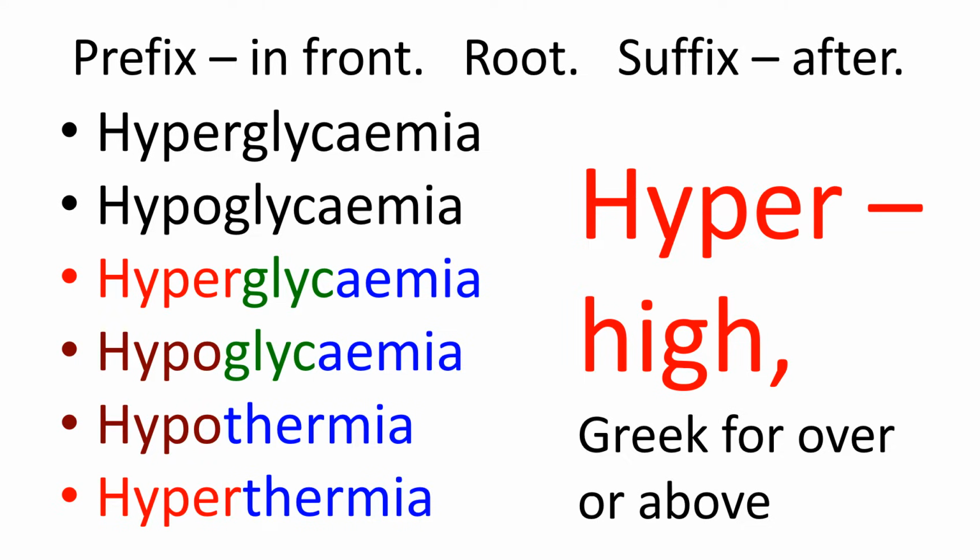So hyper, high, gly, glucose, emia, in the blood, hyperglycemia, prefix in red, root in green, suffix in blue. The whole word is hyperglycemia, high levels of sugar in the blood. Abnormally high levels of sugar in the blood.